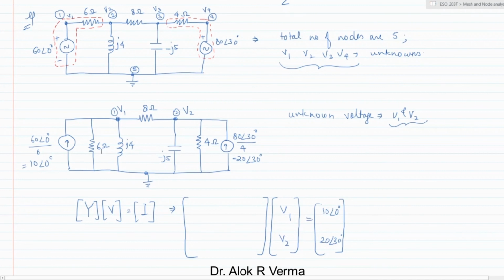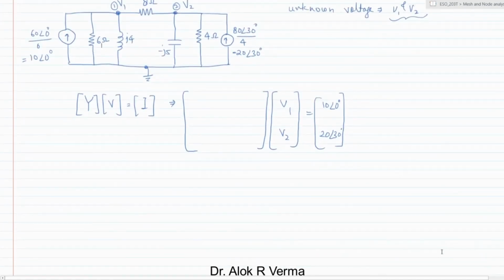Now we can write this as 1 by 6 plus 1 by j4 plus 1 by 8. This is the total admittance, this branch, and this. Okay, these three branches are connected. And the common branch between node 2 and 1 is 1 by 8, negative of the admittance. Similarly, 2 and 1 and 1 and 2 will be the same.